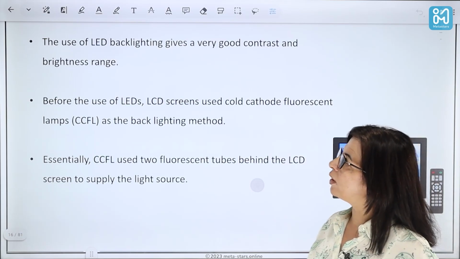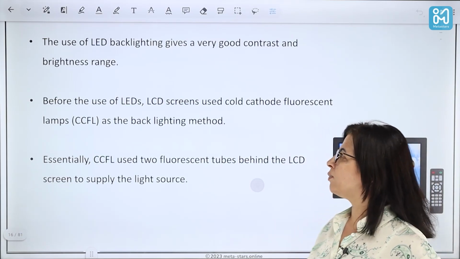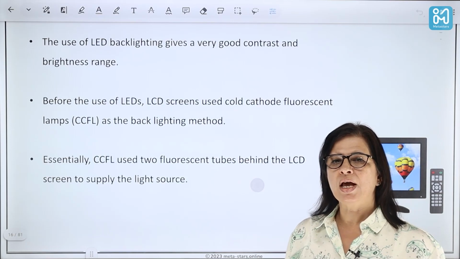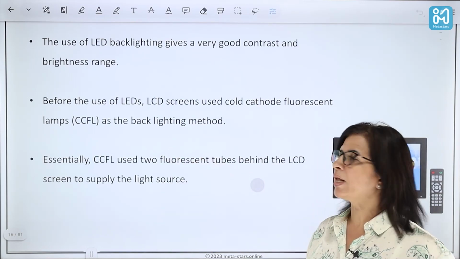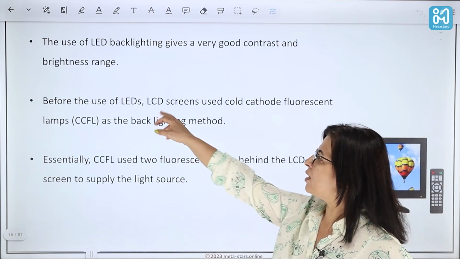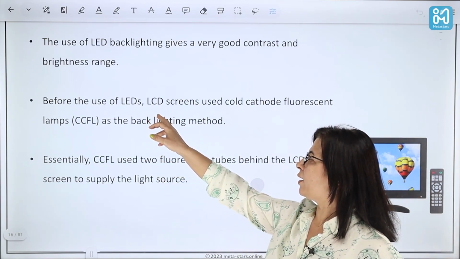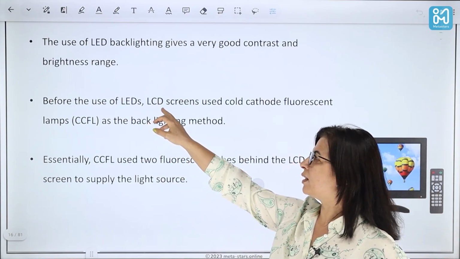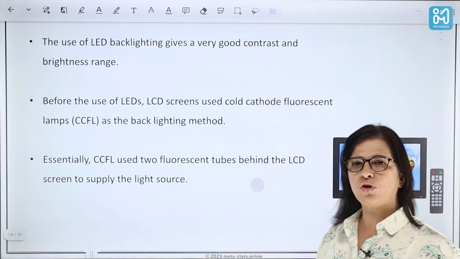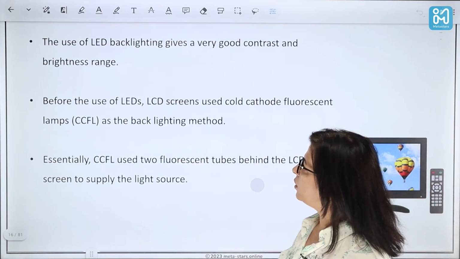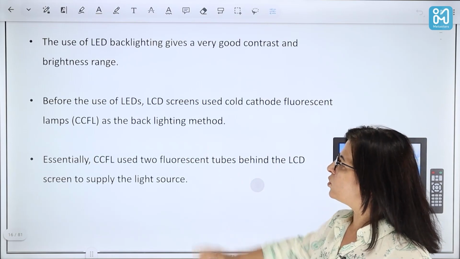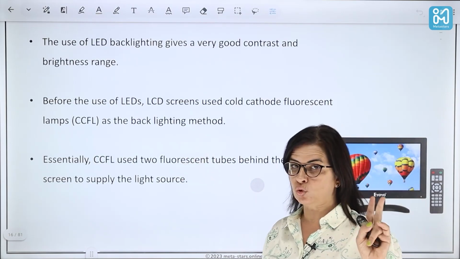But right now we moved to the LCD monitors, liquid crystal display monitors. I will show you why it is named crystal, and the video will also explain this. LCD monitors have 2 versions.